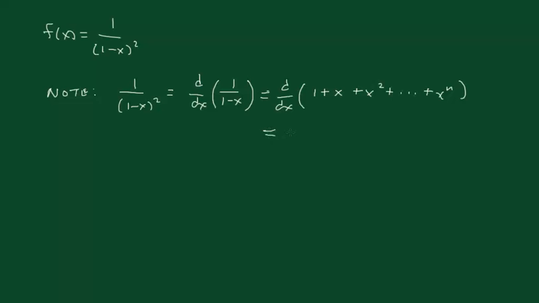And if we take the derivative term by term, the first one is going to be 0. The derivative of x is 1.